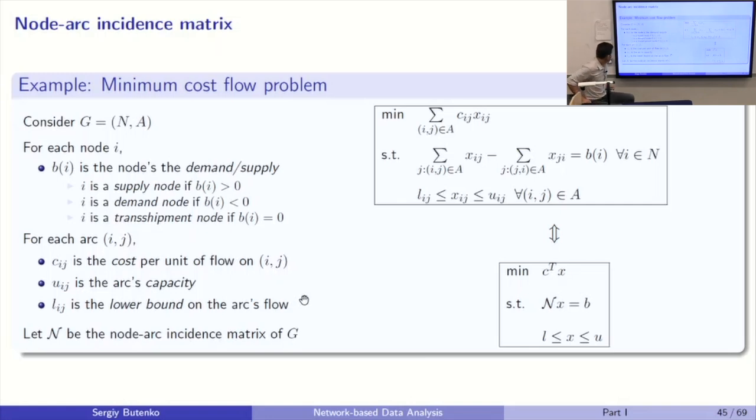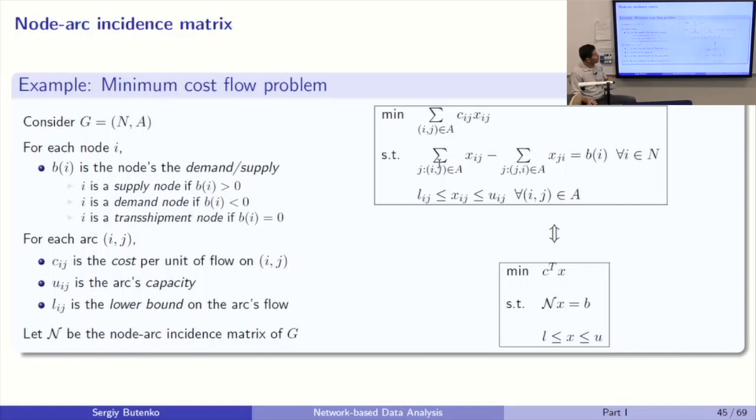And by N, in this case, N calligraphic, not to confuse with n that we use for the set of nodes, we denote the node arc incidence matrix of G, and then the minimum cost network flow problem can actually be formulated very easily using this data structure as minimization of C transpose times X, subject to N x equal to B, and then X is between L and U. So see, you have these flow balance constraints here.